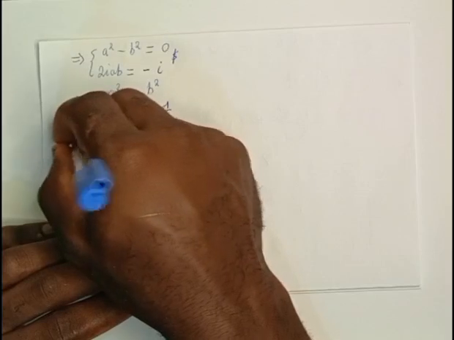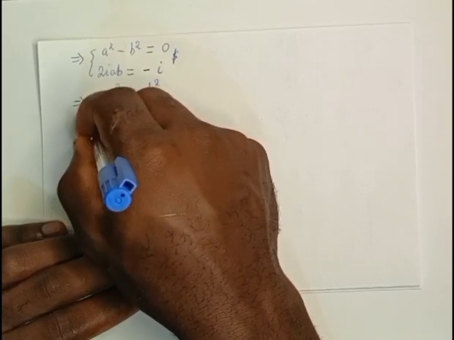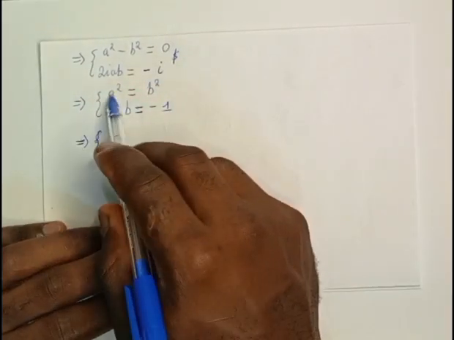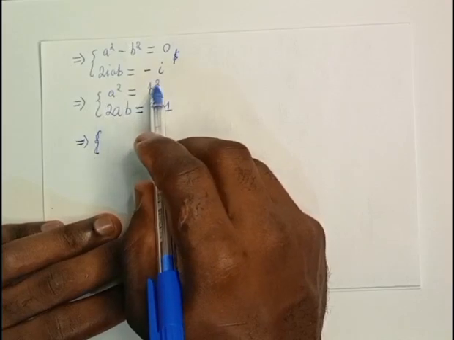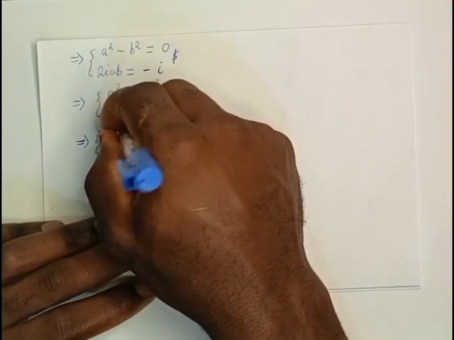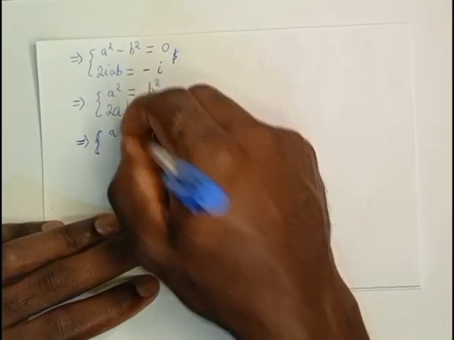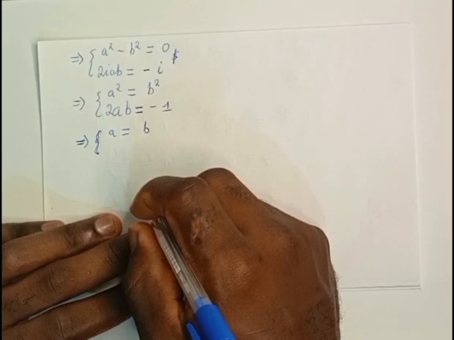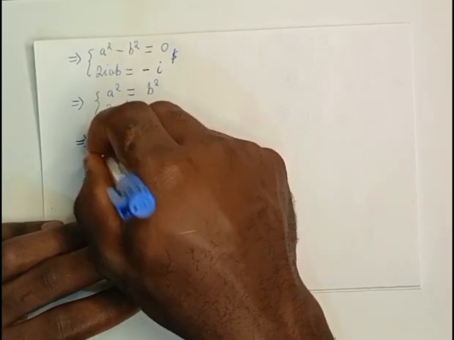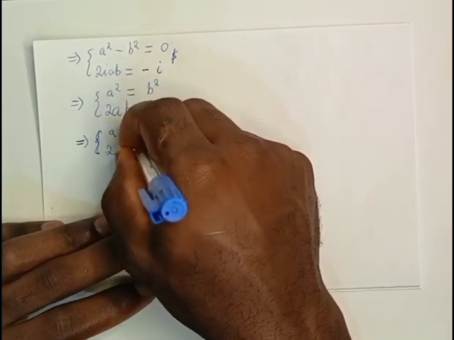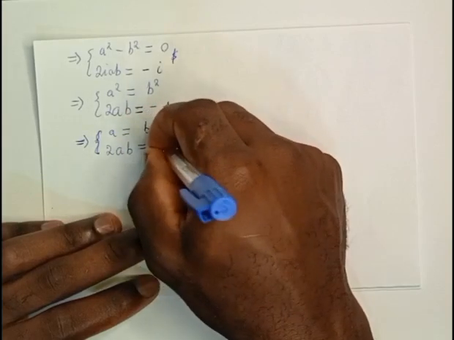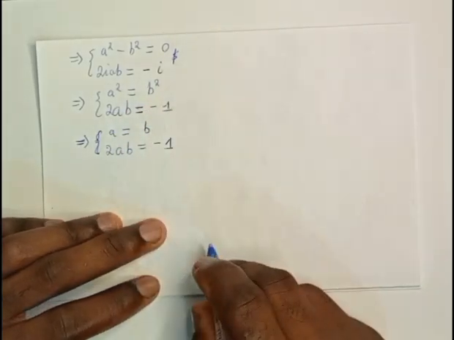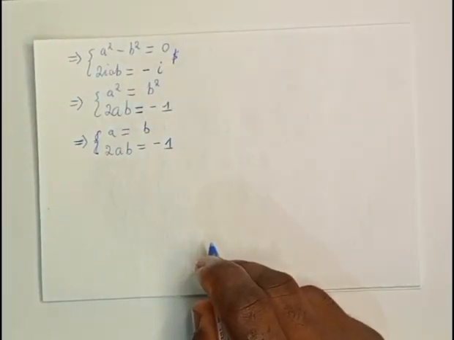Then a squared equal to b squared simply means a is equal to b. 2ab is equal to negative 1. We have to solve for a and b.